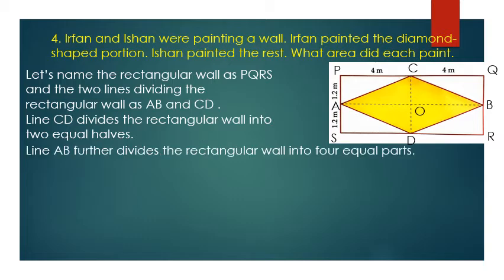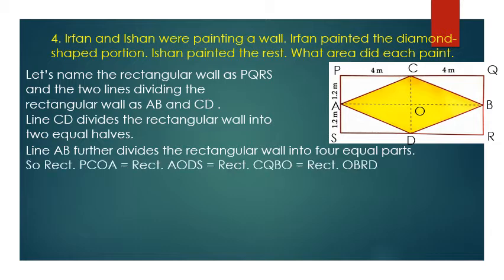And line AB further divides the rectangular wall into four equal parts. So children, we have four rectangles which are equal in size. So we can say rectangle PCOA is equal to rectangle AODS, which is equal to rectangle CQBO, which is in turn equal to rectangle OBRD.